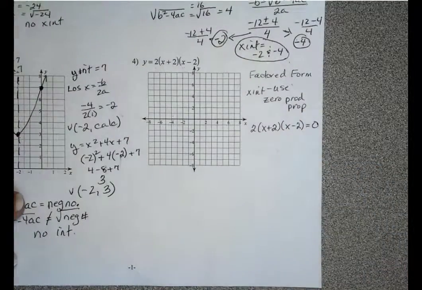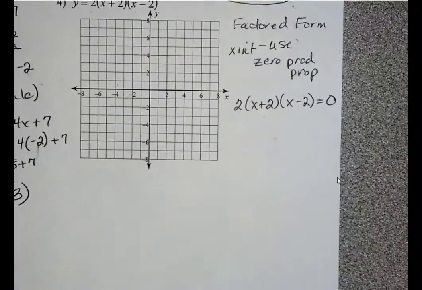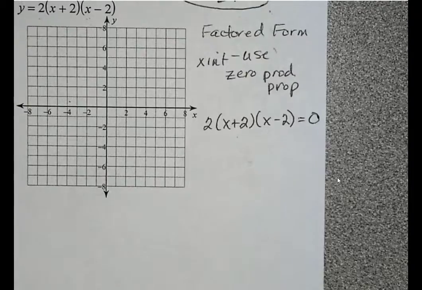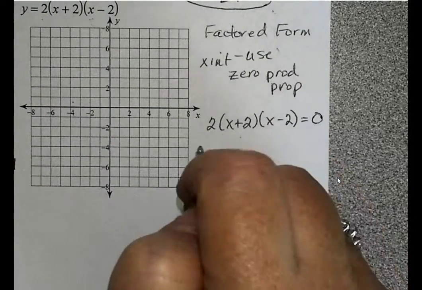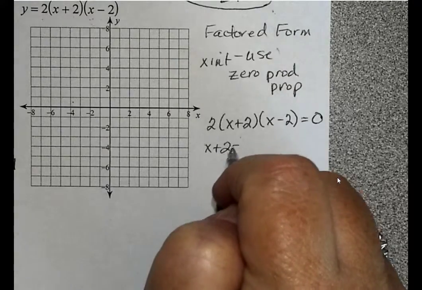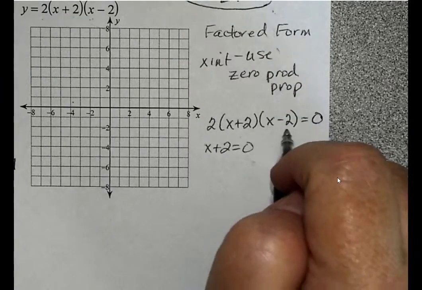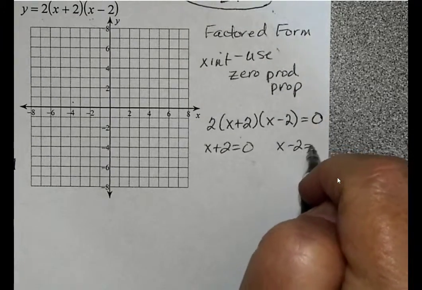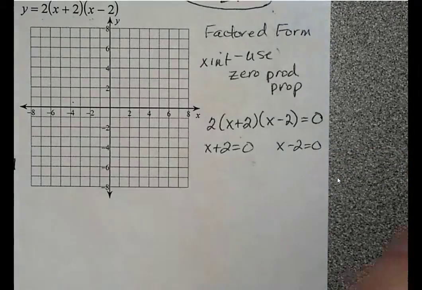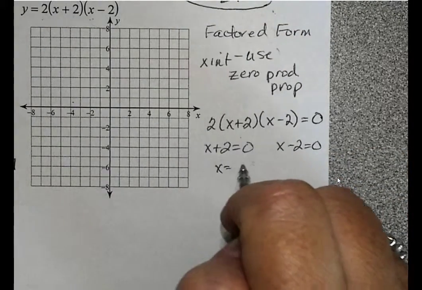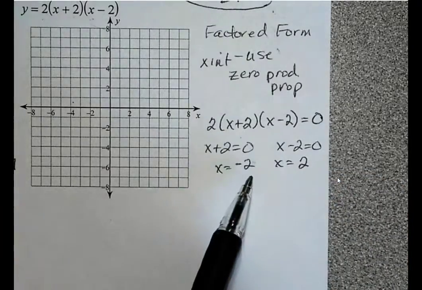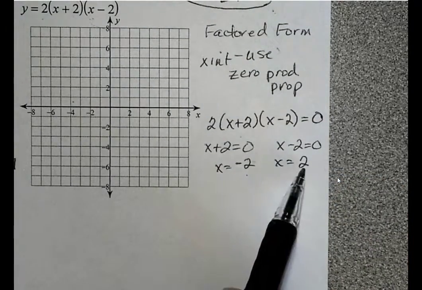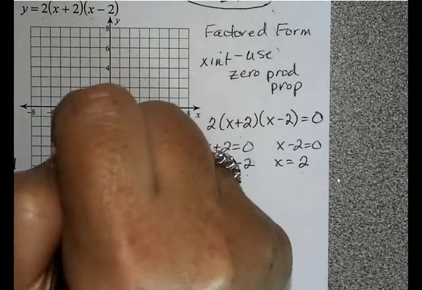And therefore, let me make this bigger for you guys to see. And therefore, according to the zero product property, either this is equal to 0 or this is equal to 0. And then I solve for x in both of them. And I have an x-intercept of -2 and I have an x-intercept of +2.